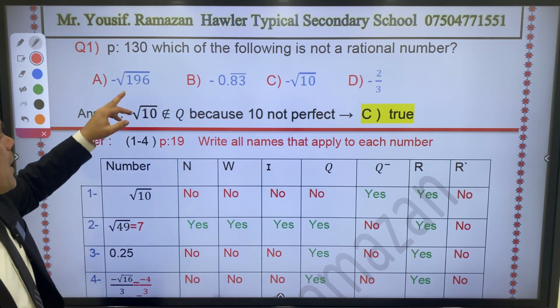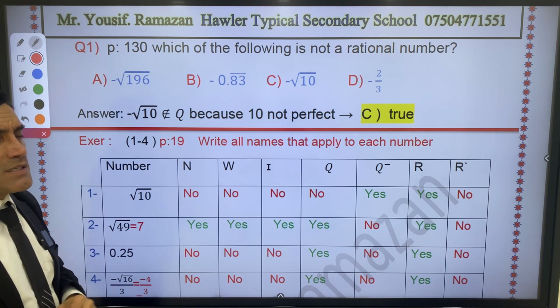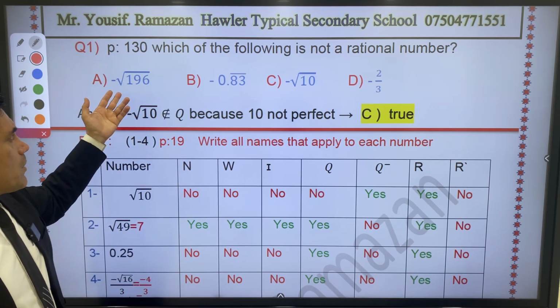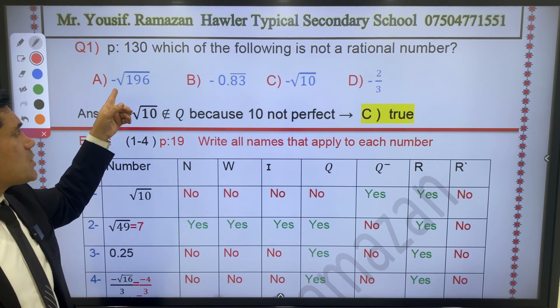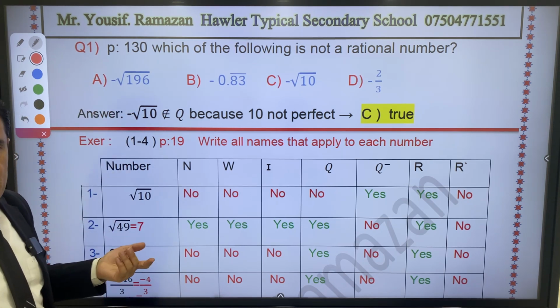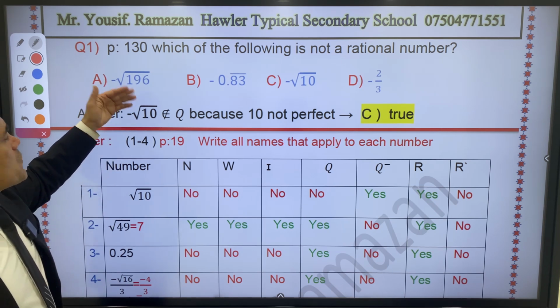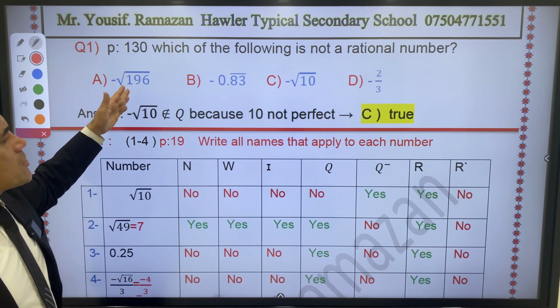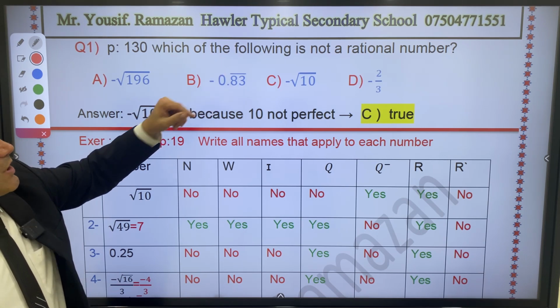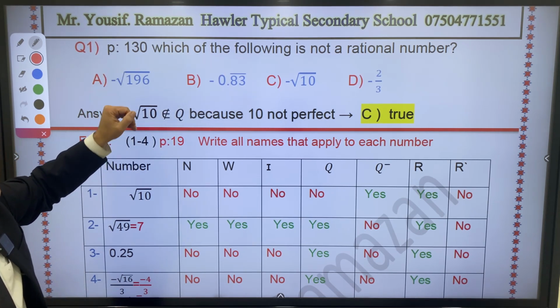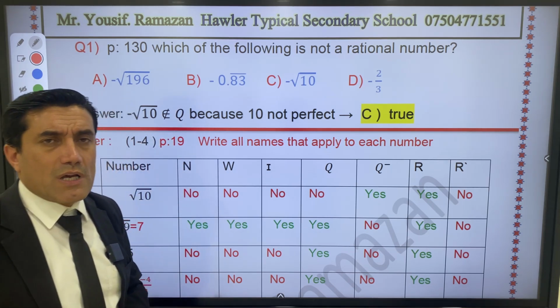Okay. About negative square root 196, it is a perfect square, it is a rational number. Why is it rational? Because under the square root is perfect. 196 is perfect. So negative square root 196 is a rational number. But the book said which is not a rational number. Okay. So A is not your answer. About B also is not your answer. Why?